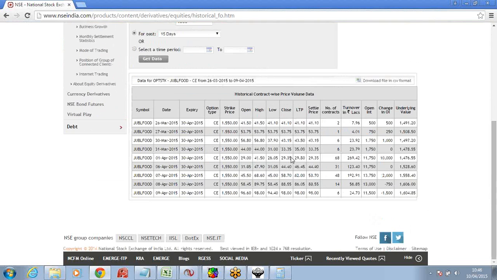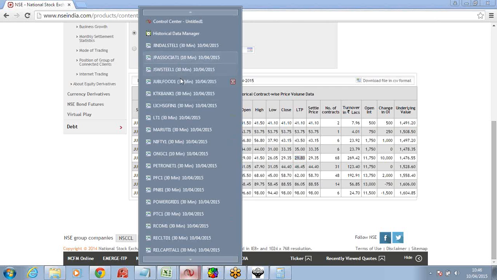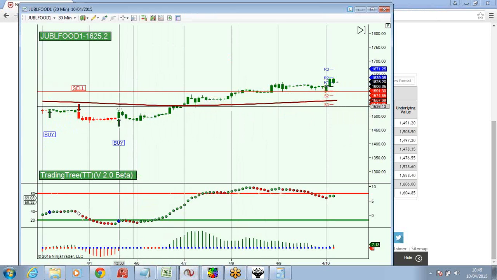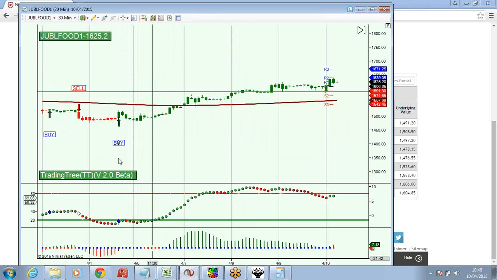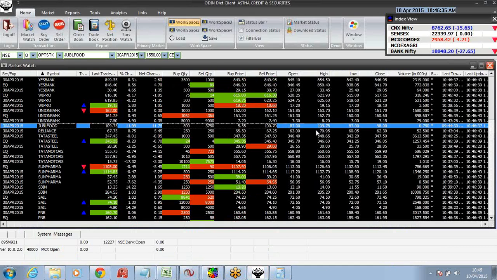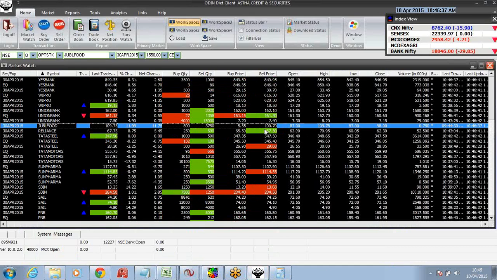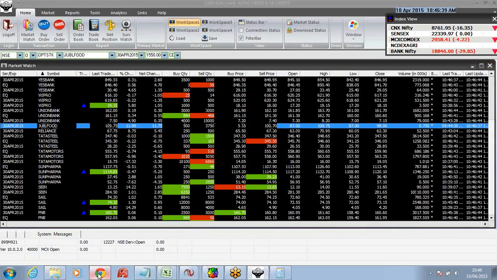Let me take the end of the day LTP, but otherwise we had this call somewhere around 1:30 in the afternoon. For simplification, I'm just taking the end of the day price.